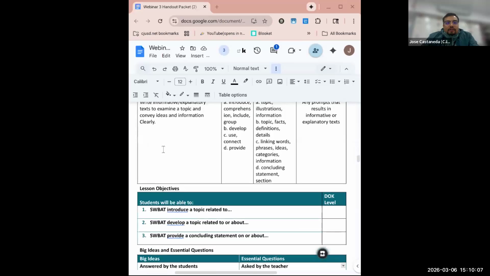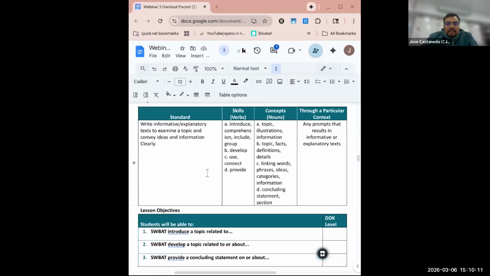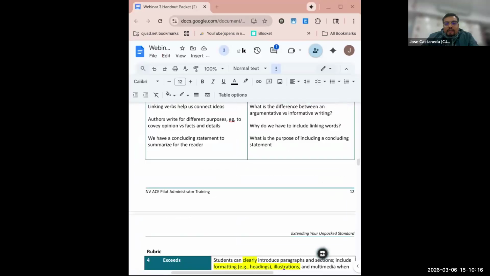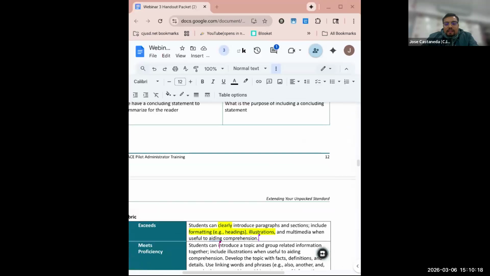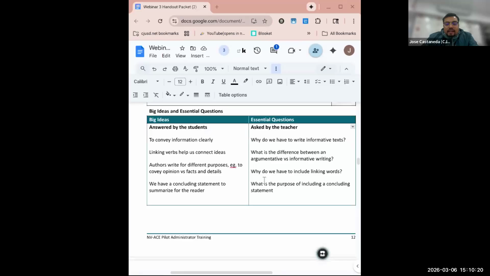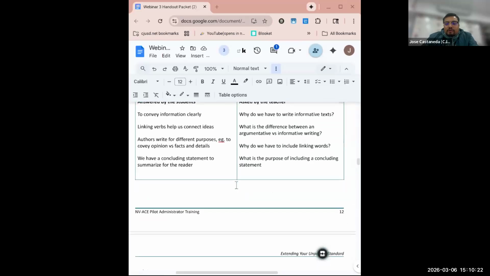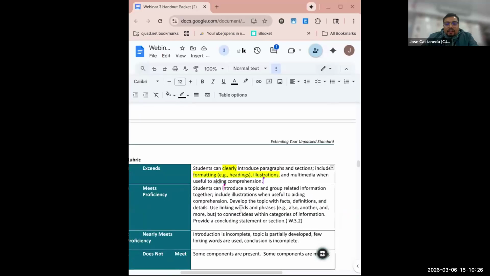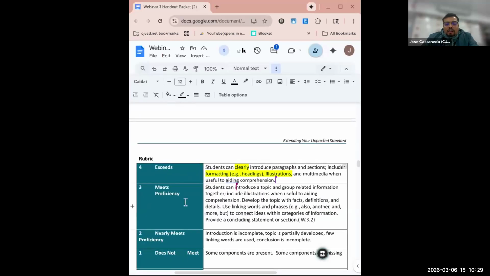Ours was Anchor Standard 2 for writing, level B. We started using language from the actual standard. Working with our coach, Catherine, she was able to help us figure out what a good 4 looks like. If they're a 4, they're exceeding, so they're meeting all the criteria.